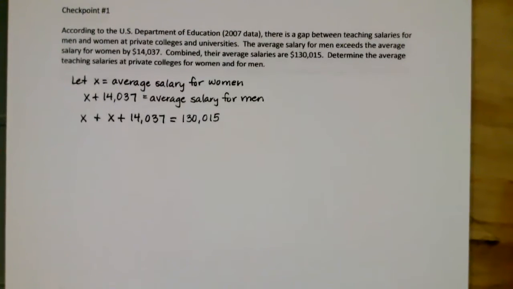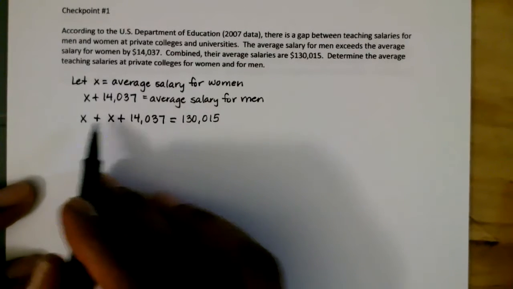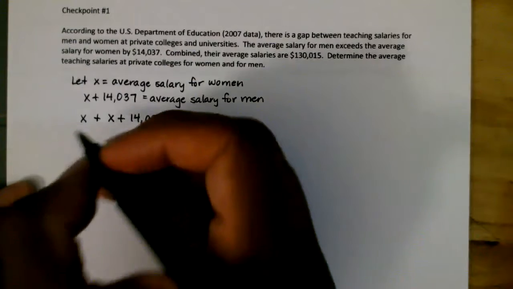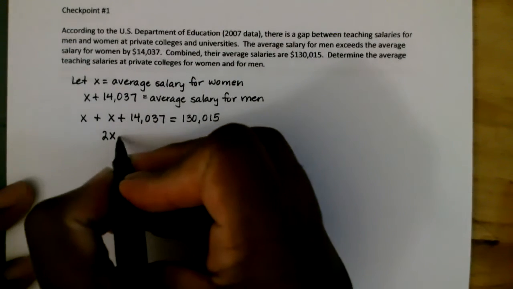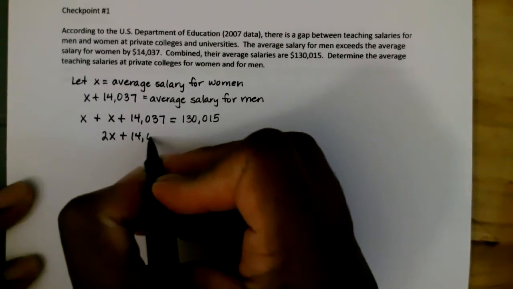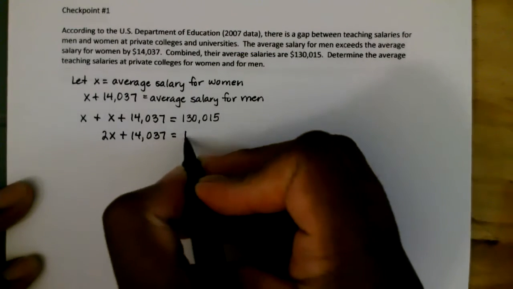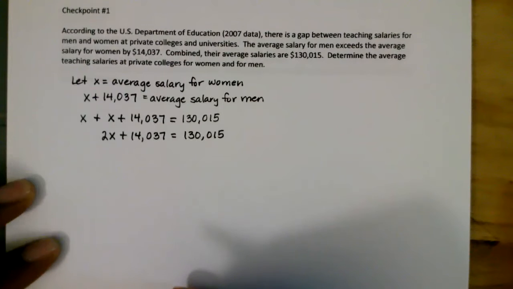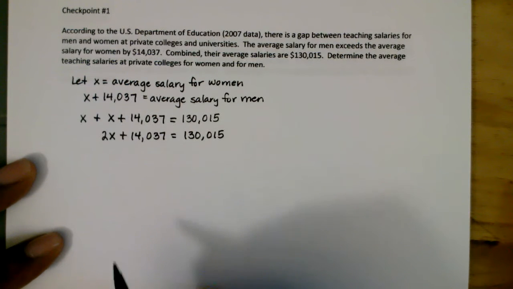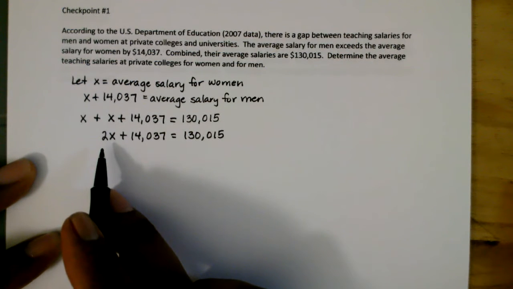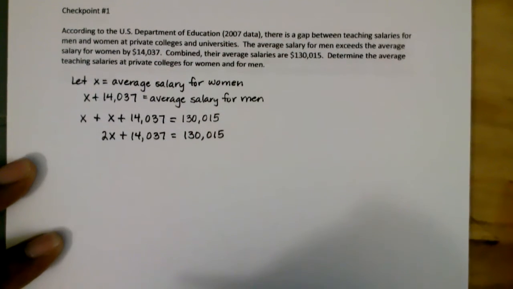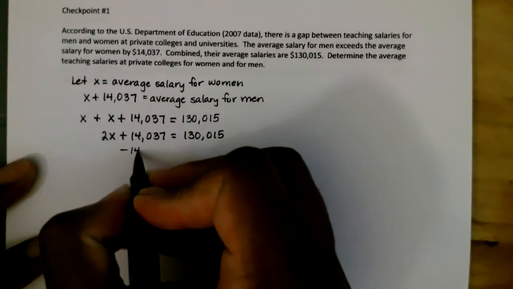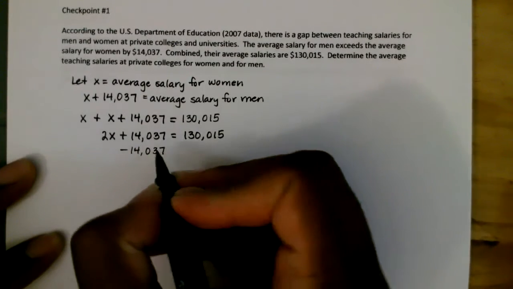So let's take this equation and combine some like terms here. This is 1x plus another 1x, that will give me 2x, then plus 14,037, that's equal to 130,015. So now to get the 2x by itself, I'm adding $14,037, so I need to subtract $14,037.